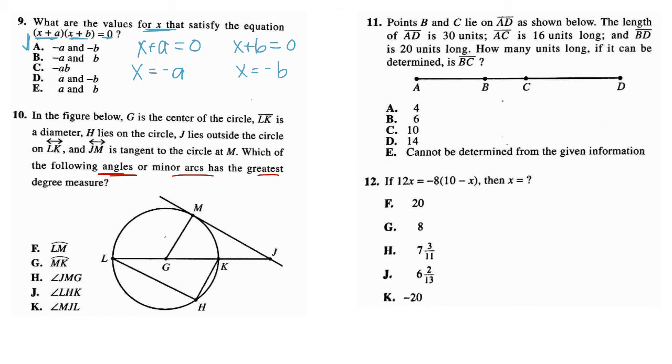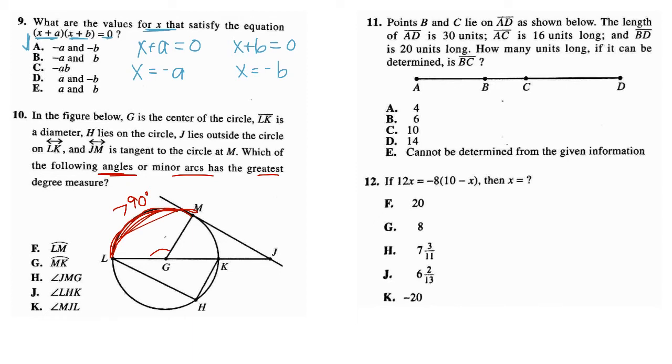So let's take our answer choices and see if we can find out. So we need to find arc LM. So arc LM is here. And the measure of this arc, notice through here, we're greater than 90 degrees. So I know that this arc here is greater than 90 degrees.